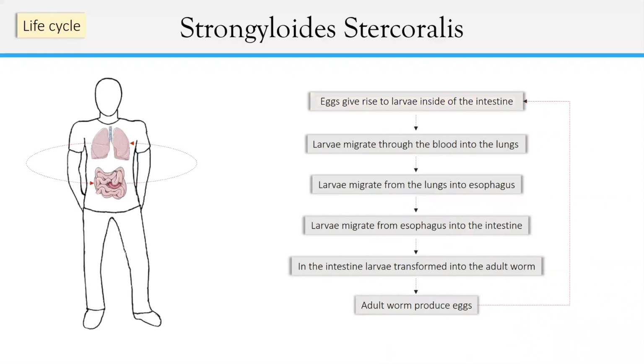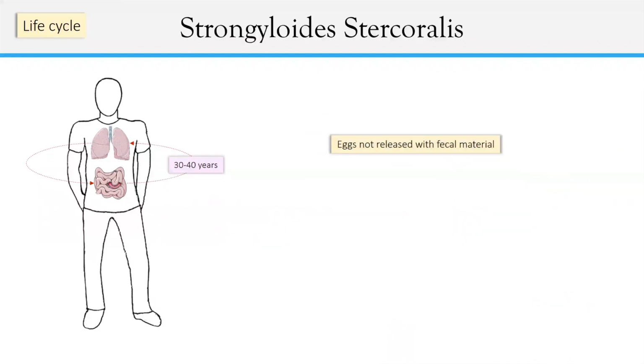Such a cycle may lead to the problem that the disease will be maintained for 30 or 40 years. And this may happen because eggs will not be released with fecal material, and instead they are able to generate larvae inside of the host.